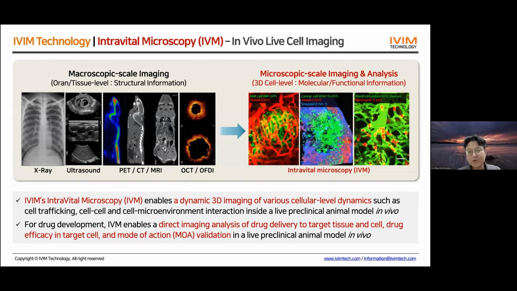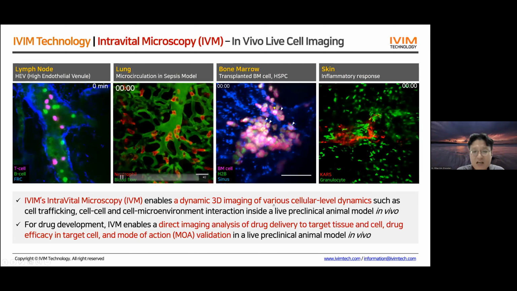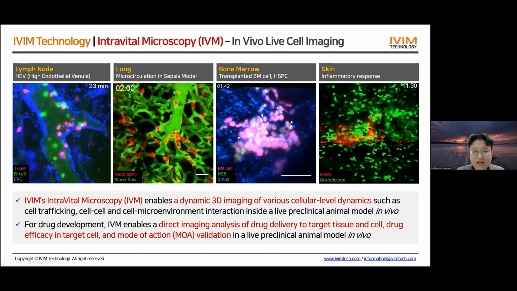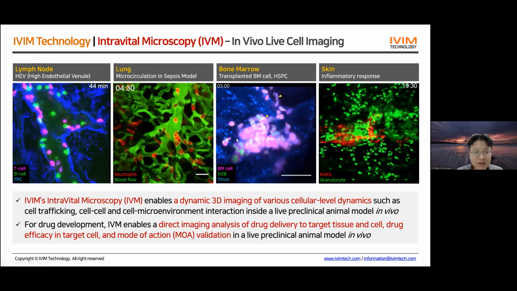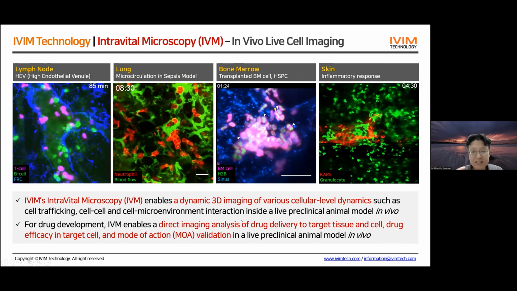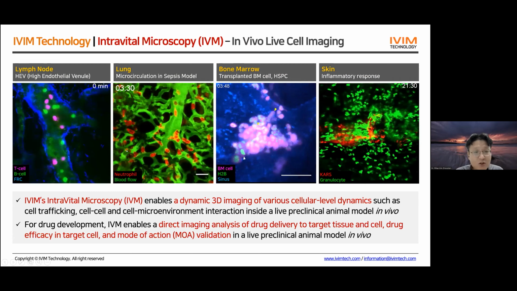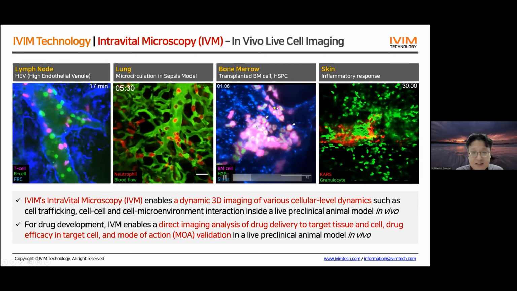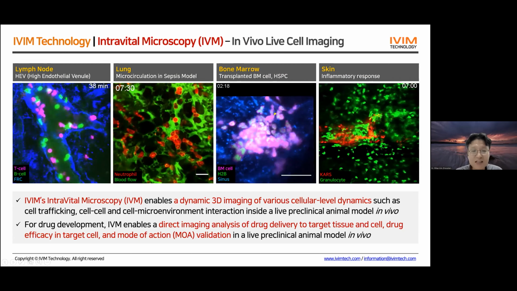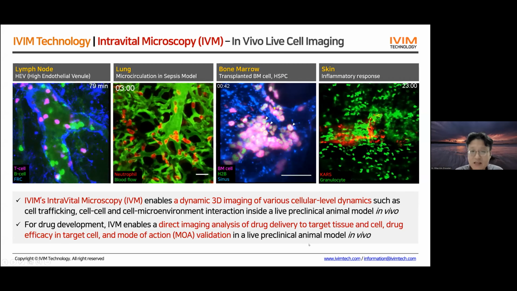Okay, so this is the short summary. Intravital microscopy can enable dynamic 3D imaging of various cellular level dynamics, as shown in this video, in many different organs. We can see various cellular level dynamics, such as cell trafficking, cell-to-cell interactions like this, or cell-to-microenvironment interaction in a live animal model in vivo.